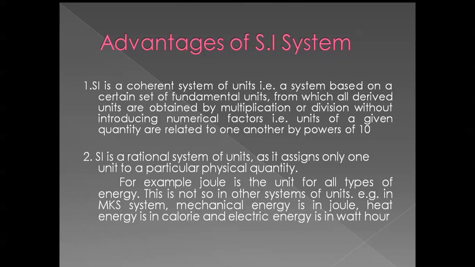But in other systems, mechanical energy is measured in joule, heat energy in calories, and electrical energy in watt hour. All are replaced by a single unit, that is joule. So the SI system is rational.